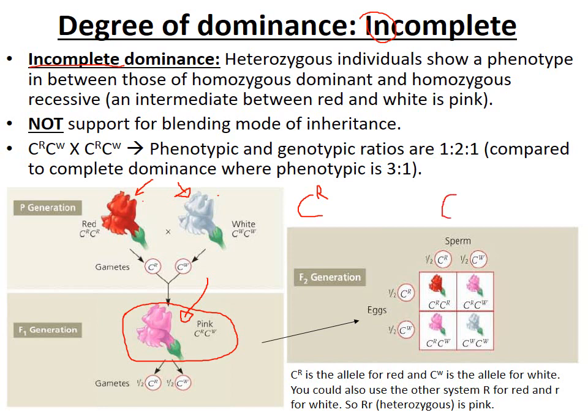But the other allele is white, so I'll put a W on top. Now if I have two red alleles for flower color, the organism is red. If I have two white alleles for flower color, the organism is white.